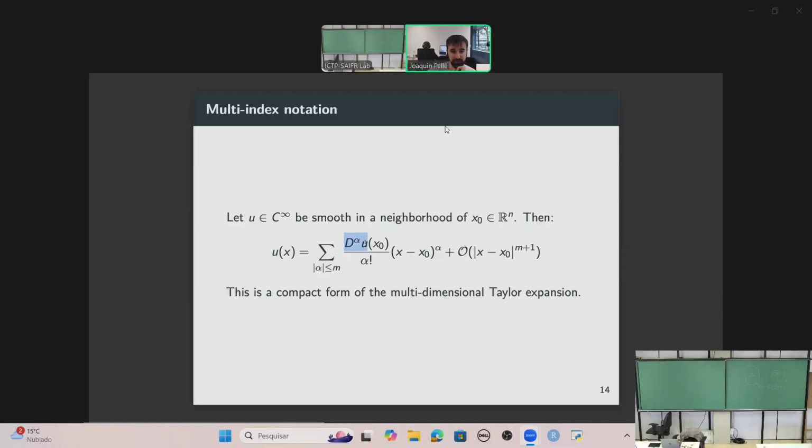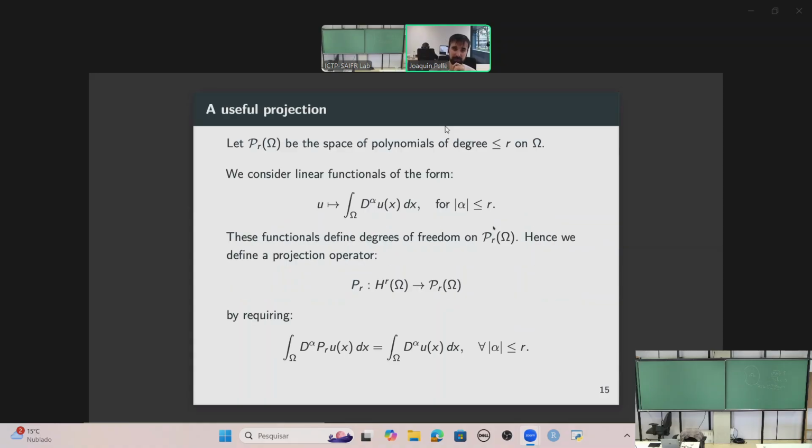We have the alpha derivative here and x minus x0 to the alpha. And the remainder will be some error of order m plus 1, because here we are summing terms up to order m, right? So yeah, this is the little detour to explain this notation.